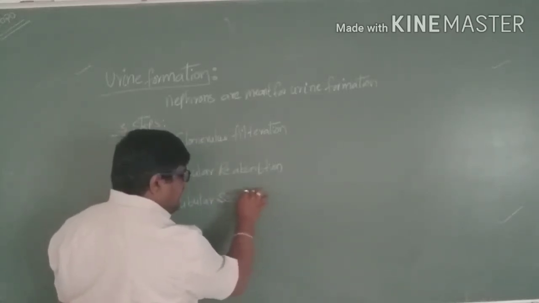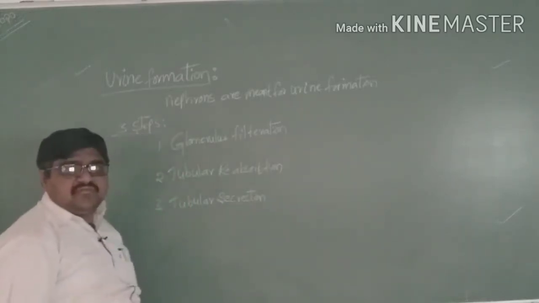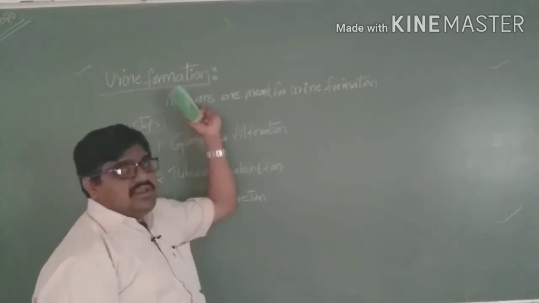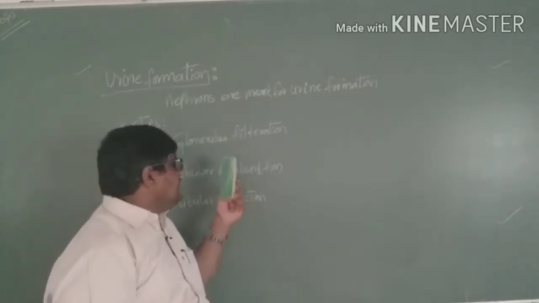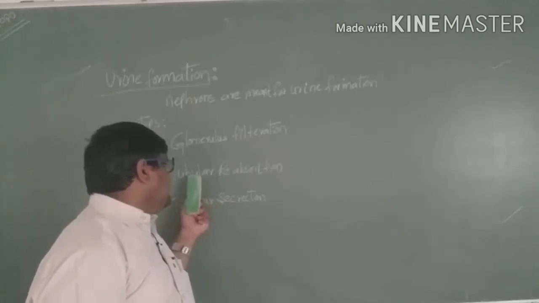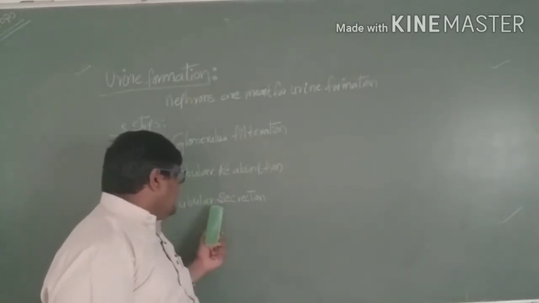So these are the three steps that take place in urine formation.